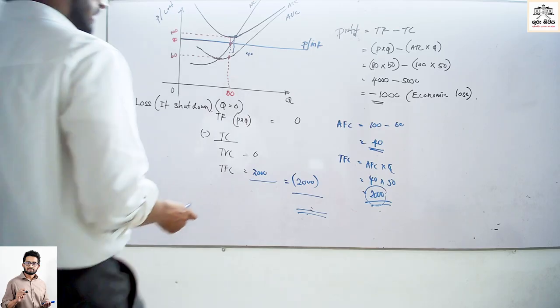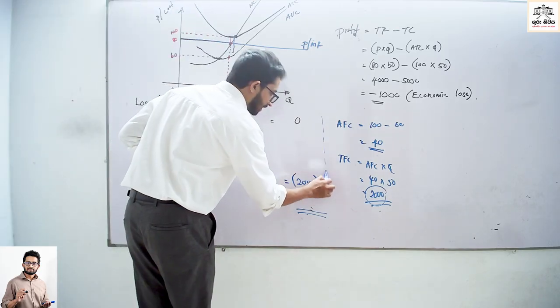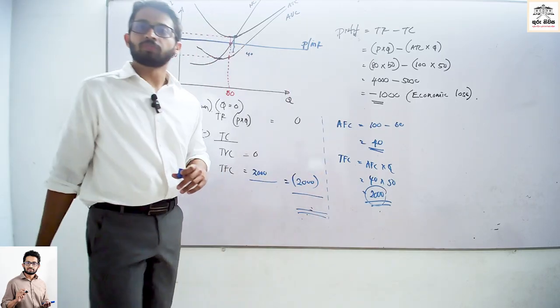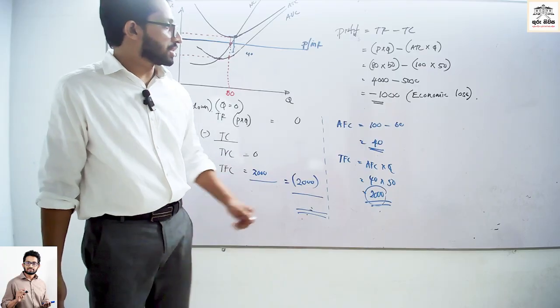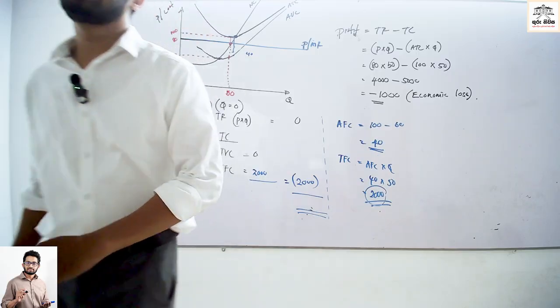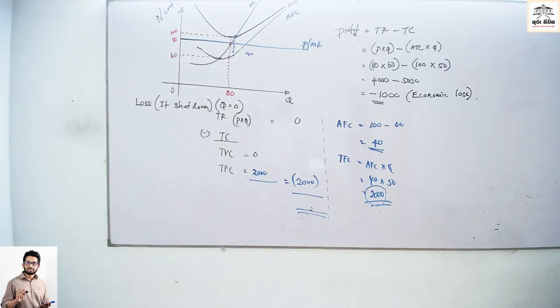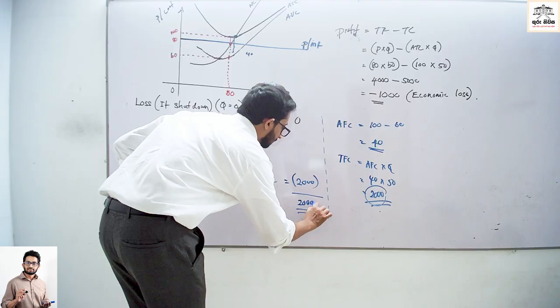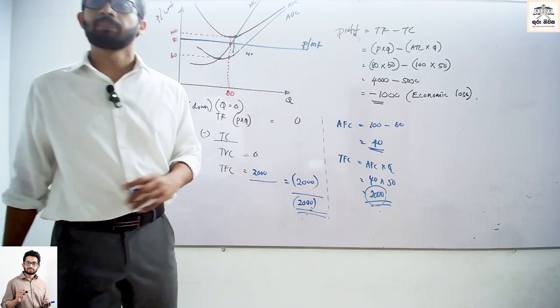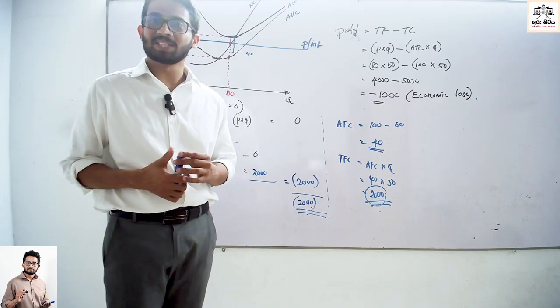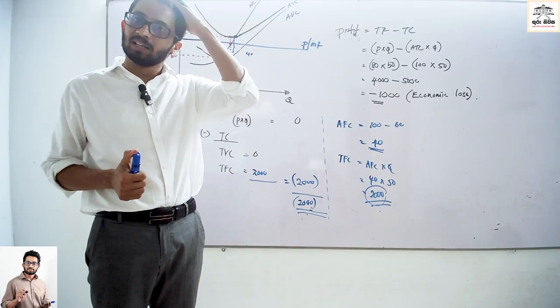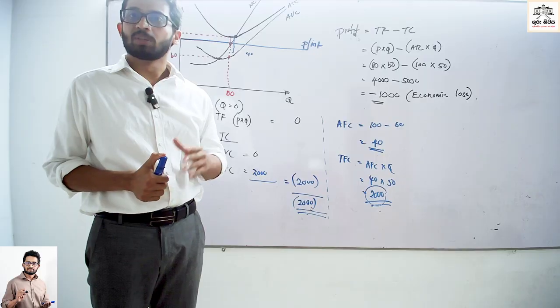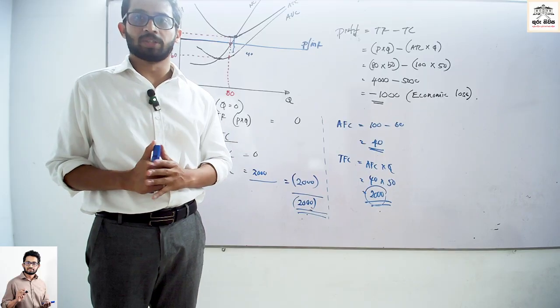Without shutting down, if the firm continues its operation, how much is the loss? 1,000. Then what is the best strategy? Assume you are the owner of the business, what would you recommend, to continue the business or to shut down?